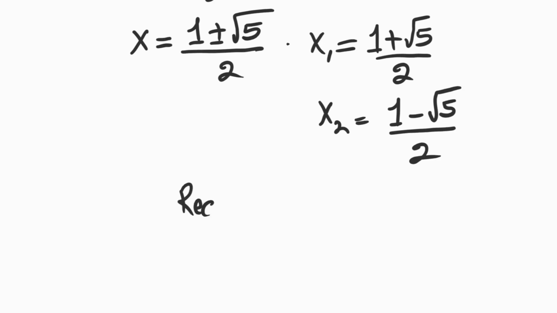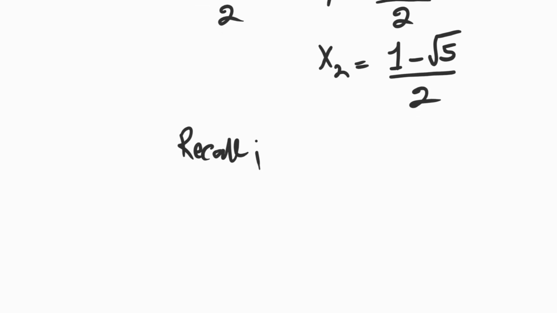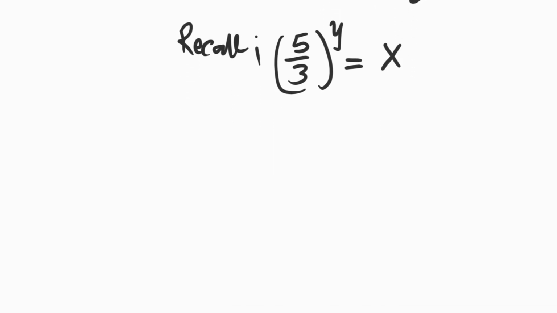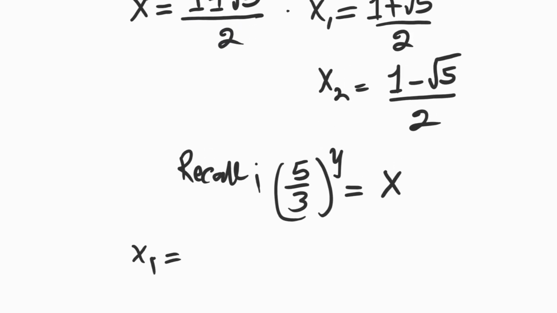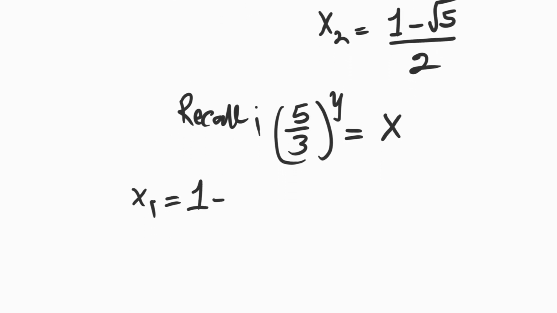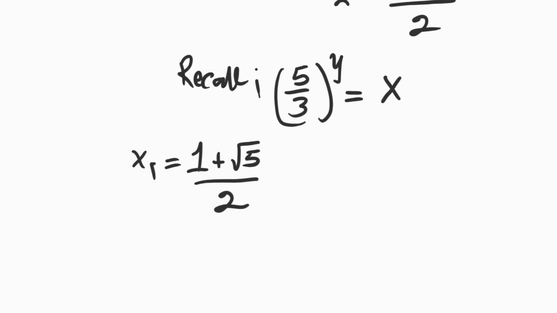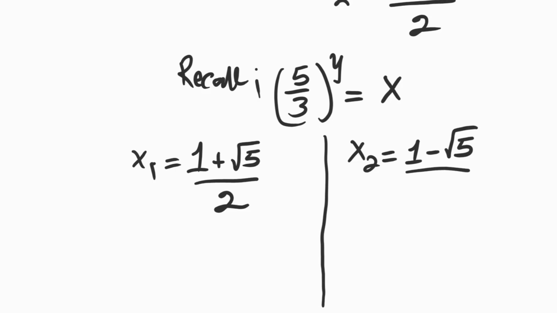So now if we recall that our 5 over 3 raised to power y is equal to x. So let's take the first one, x1. x1 is equal to 1 plus root 5 divided by 2. And x2 is equal to 1 minus root 5 divided by 2.